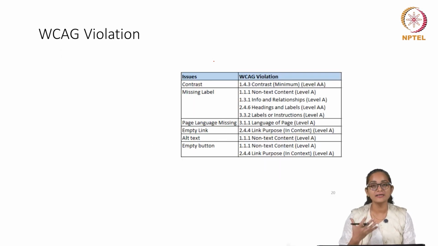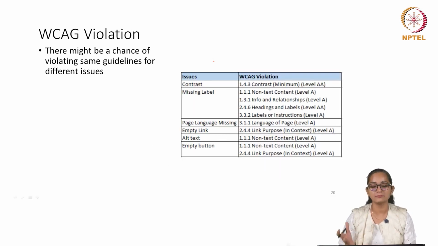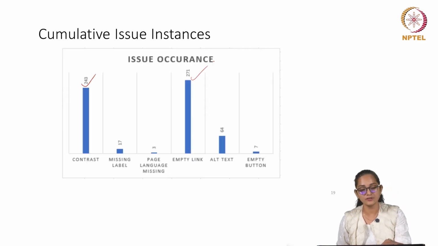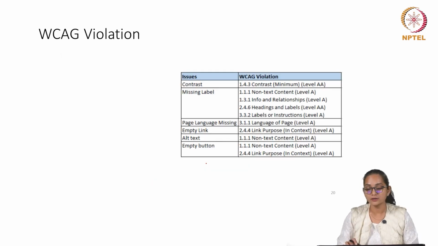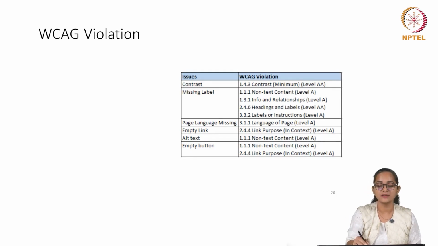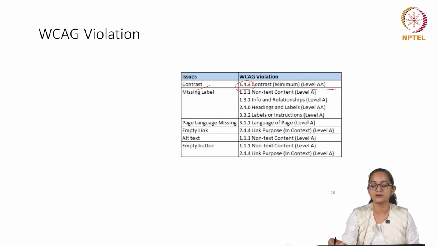Now, WCAG violations. This is just an example; your product may be violating a separate set of violations. All of these issues are listed here with the criteria they fall under. For example, for contrast it is 1.4.3 minimum contrast, level AA.